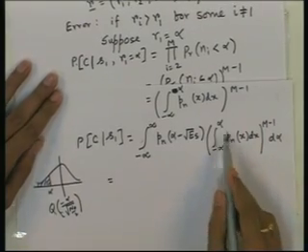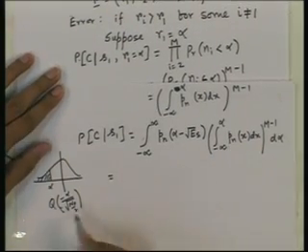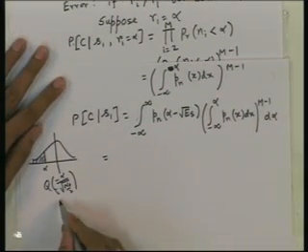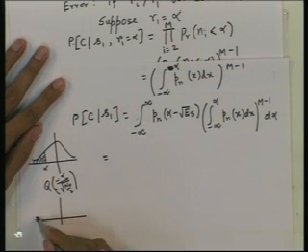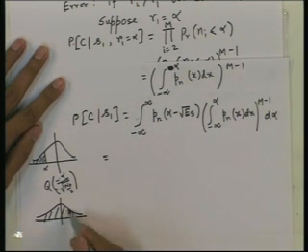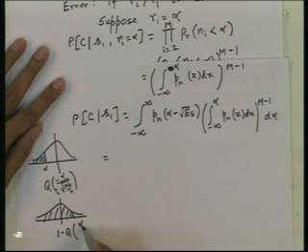This is the integral when alpha is negative. When alpha is positive, what is this area? This is 1 minus Q of this. So, this is 1 minus Q of alpha by root over N0 by 2.